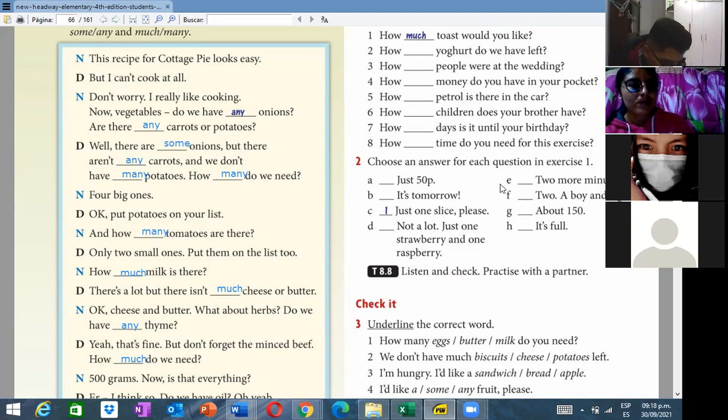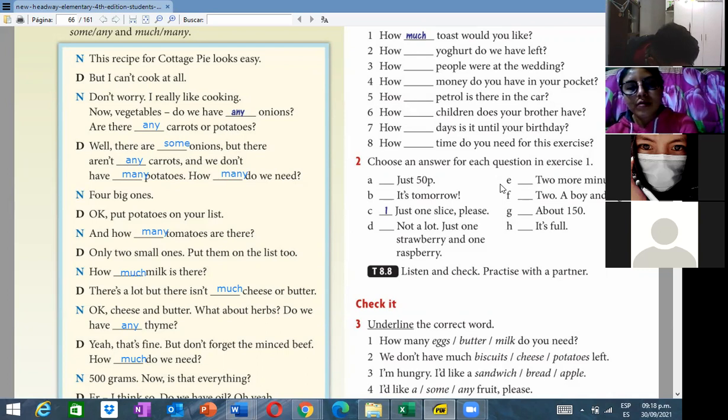How many do we need? 4 big onions. Okay, put potatoes on your list. And how many tomatoes are there? Only 2 small ones, put them on the list too.